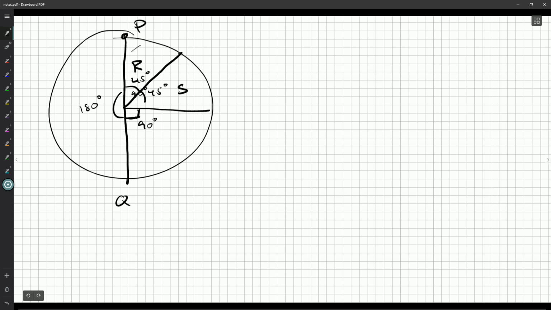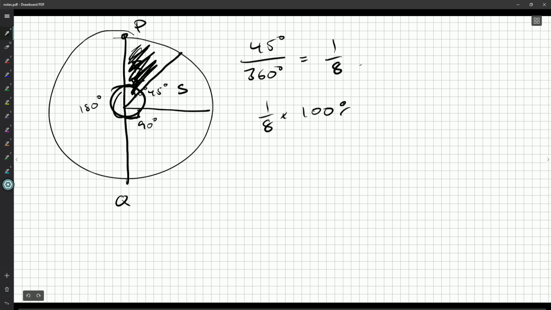Okay? So the fraction of the total circle area that the shaded region is, is the same as the fraction of the total angle, 360 degrees, that this 45 creating R is. And you can find that that's 1/8. So R is going to be 1/8 of the whole area, and we just need to figure out what percentage that is.